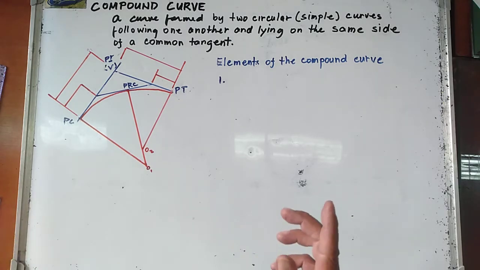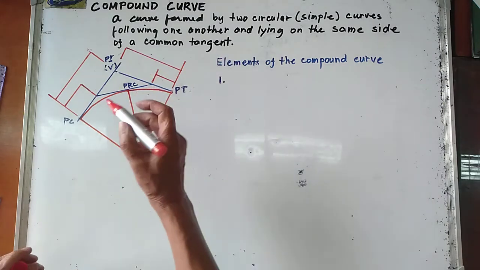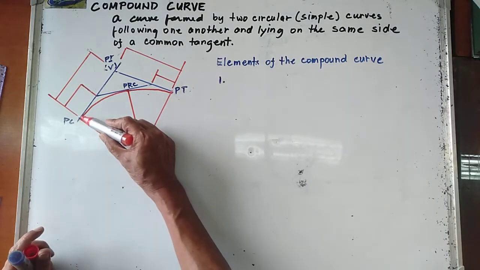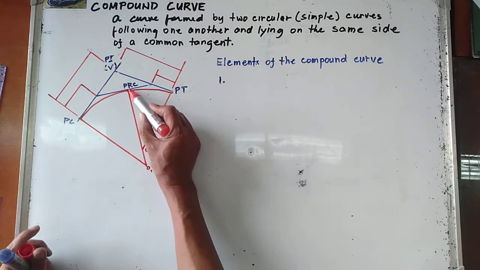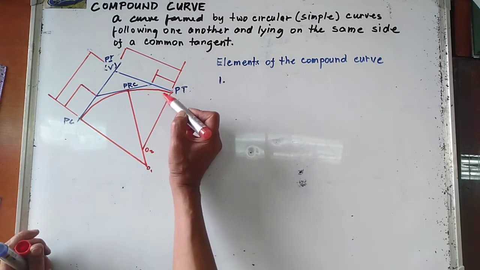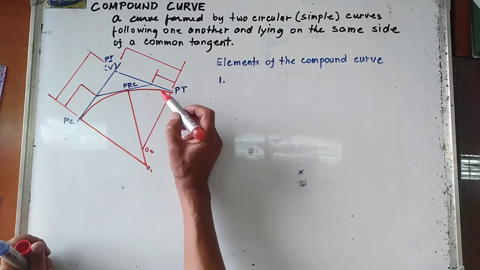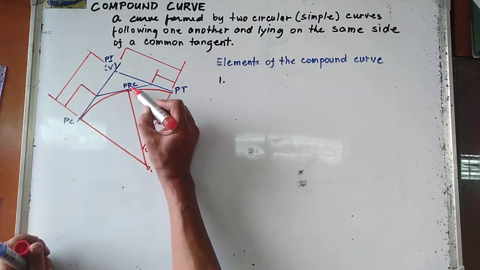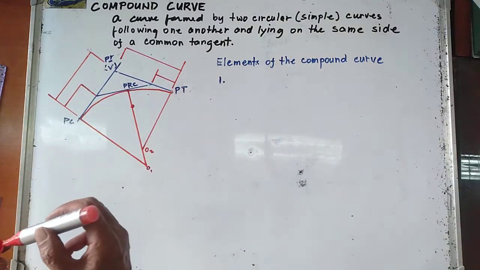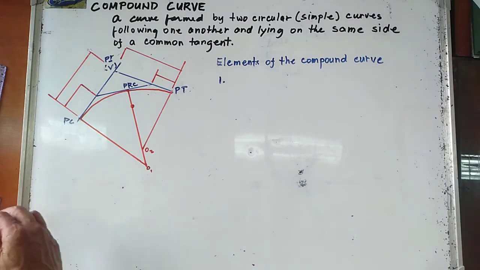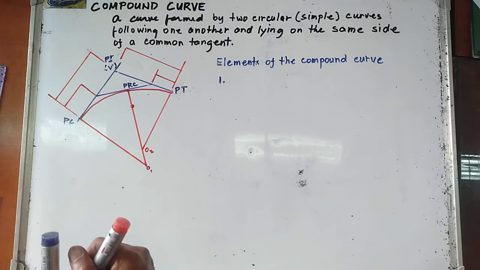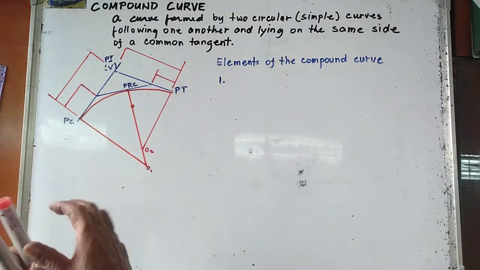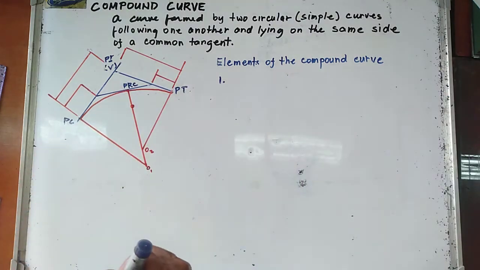Take note that these are your two circular curves following one another, and they are lying on a common tangent. Let's try to determine the elements of the compound curve.